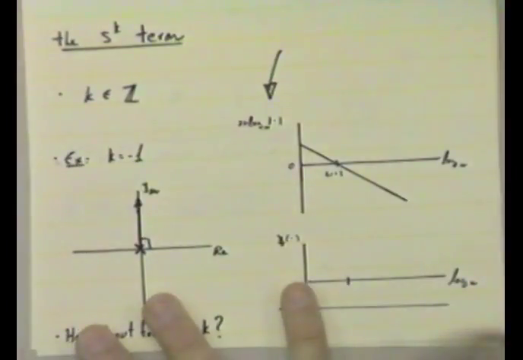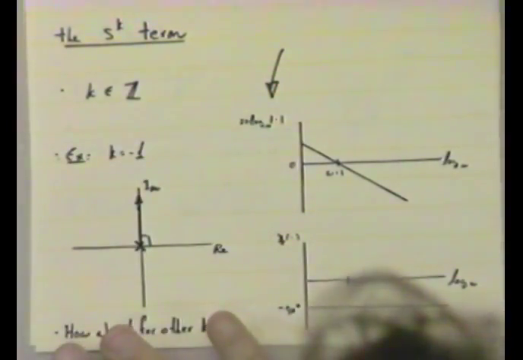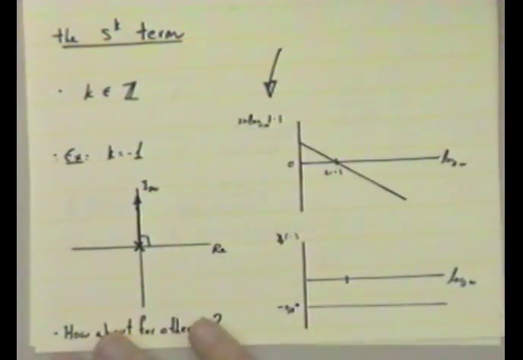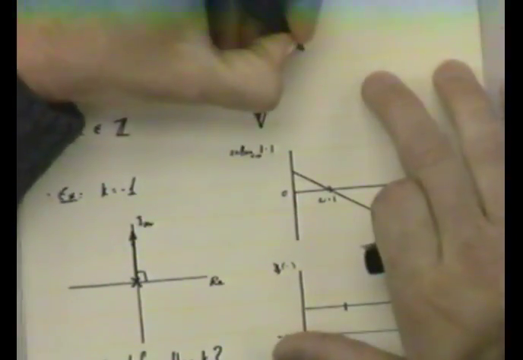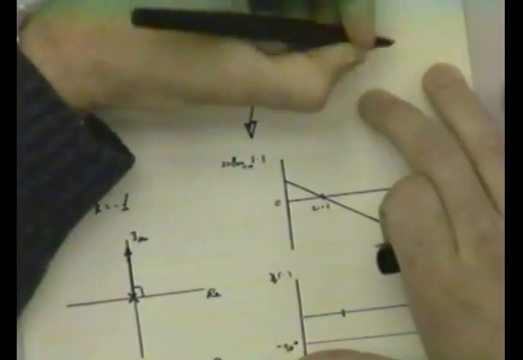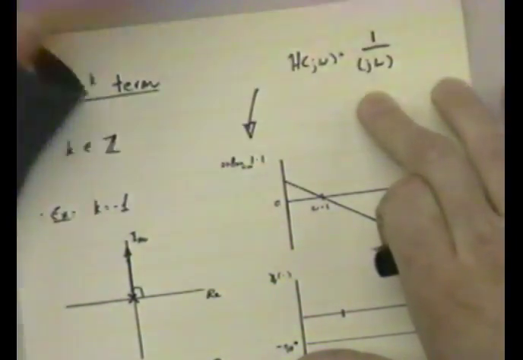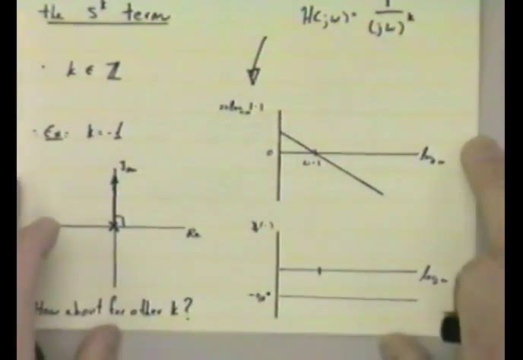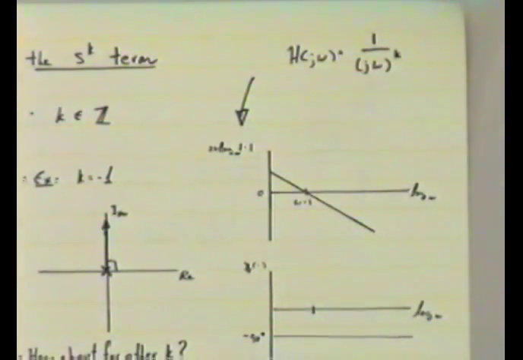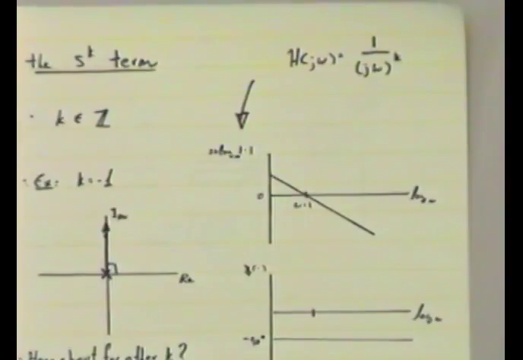All I'm saying is the vertical scale is 20 times the logarithm base 10 of the modulus of whatever I'm plotting. In this case, it's H(j omega), with k equals 1 for this specific case. It's really easy to find the magnitude and the phase from here.